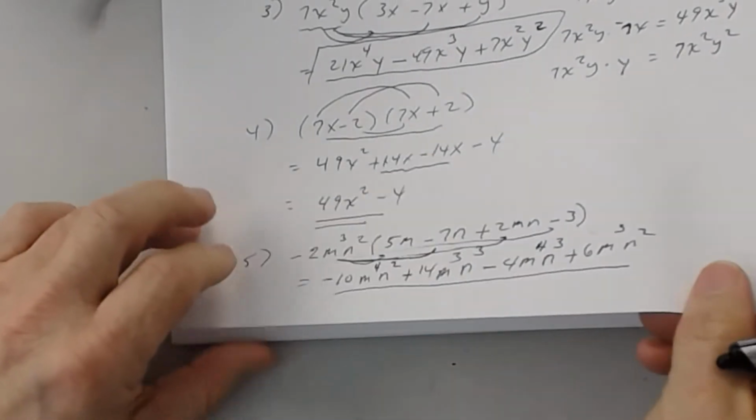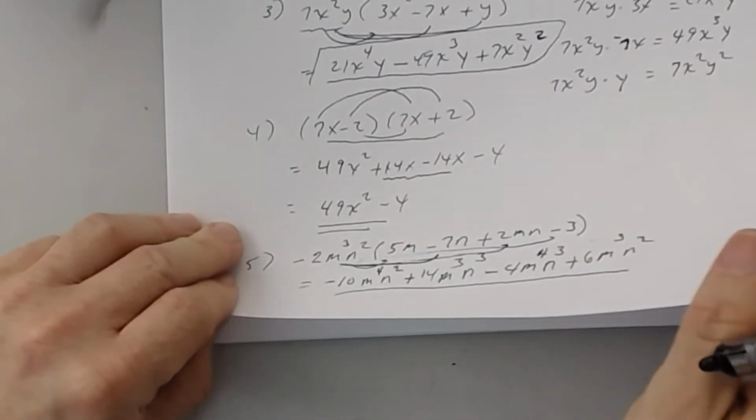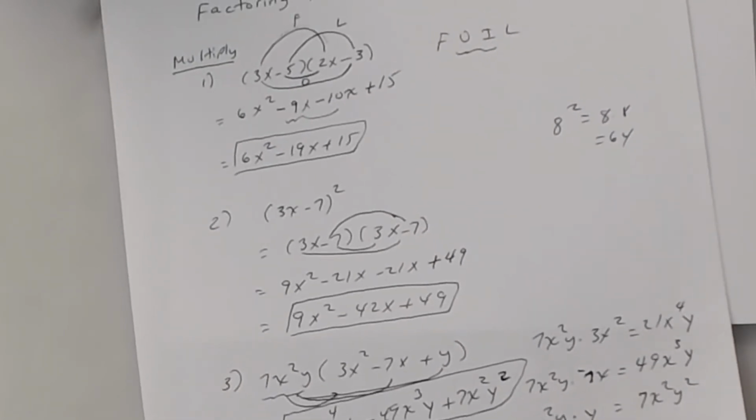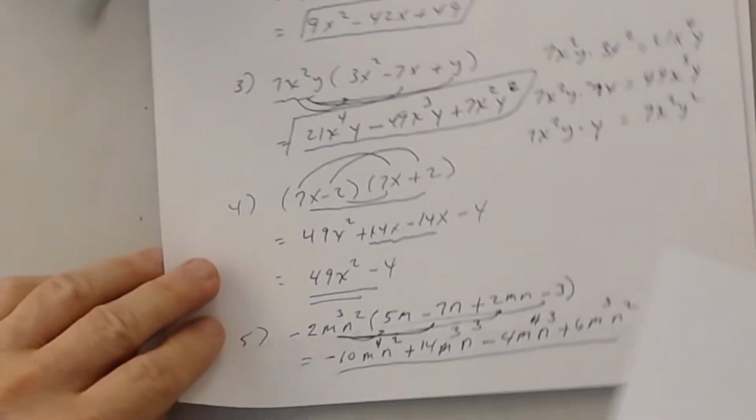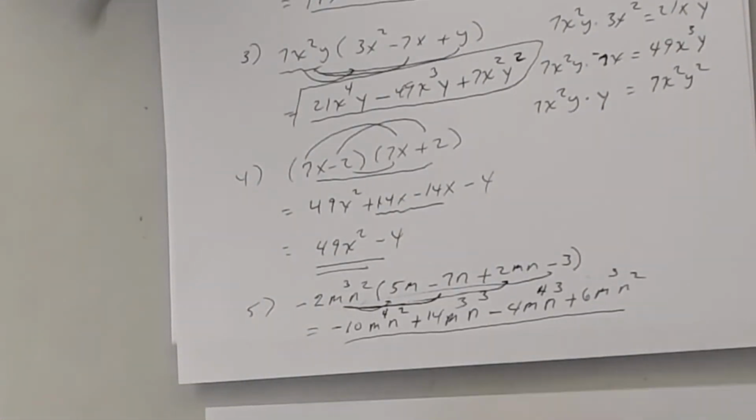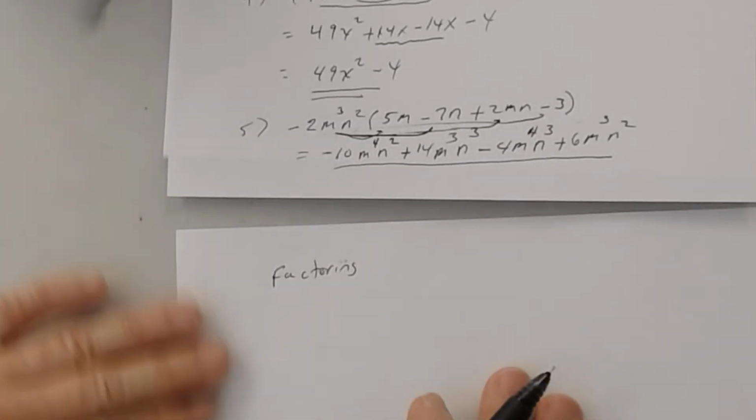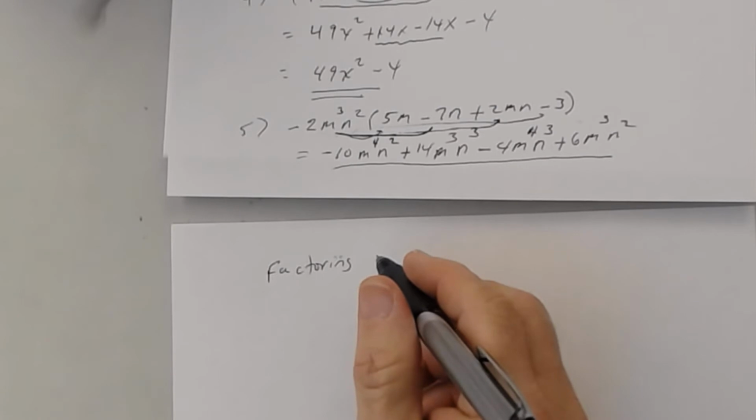Okay, so this was kind of a review of something we need for factoring. So the first type of factoring we're going to look at will be the easy kind. We're going to factor in the next 2 or 3 sections.